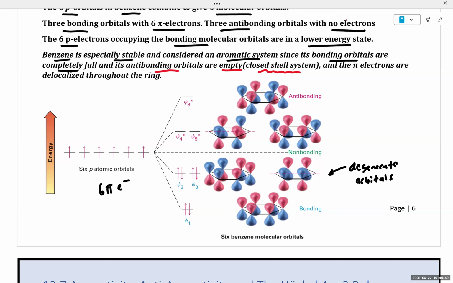These kinds of closed shell systems, where your bonding molecular orbitals are completely full and your antibonding molecular orbitals are empty, are especially stable. So if there's anything I want you to take away from this, it is that this closed shell system is very stable. And these pi electrons are very stable. They're in a lower energy state compared to if they weren't conjugated.